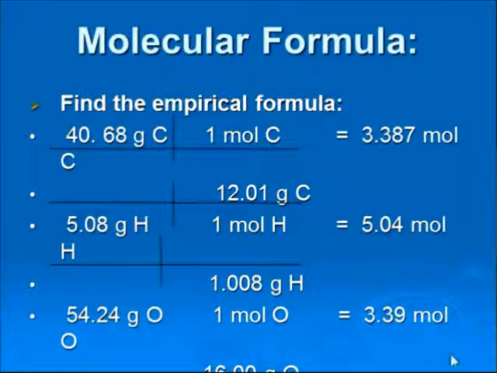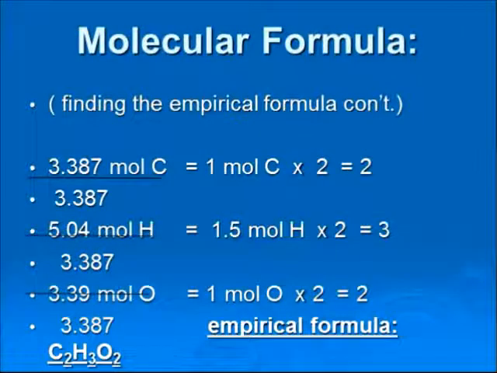Then I divide each of those by the smallest number, 3.387, and that gives me 1 for carbon, 1.5 for hydrogen, and 1 for oxygen. Again, I want whole numbers, so I multiply each of those by 2, and I end up with 2 carbons, 3 hydrogens, 2 oxygens. So the empirical formula here is C2H3O2.